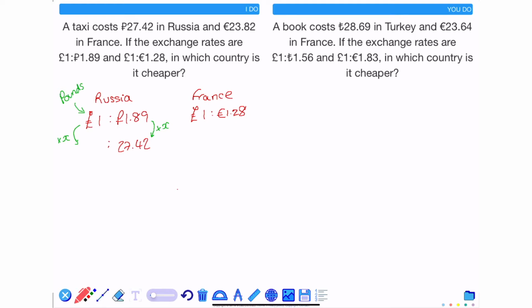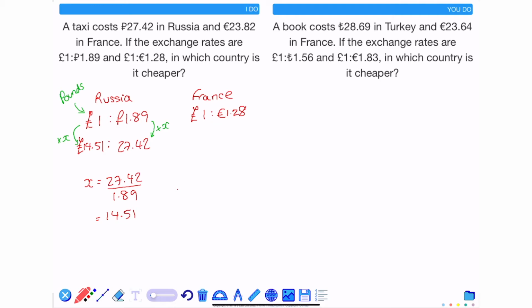To calculate what x is, if I do 27.42 divided by 1.89, this gives 14.51. This is £14.51. The taxi would cost £14.51.